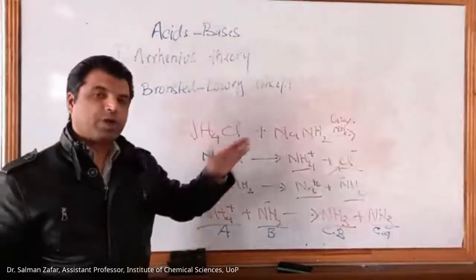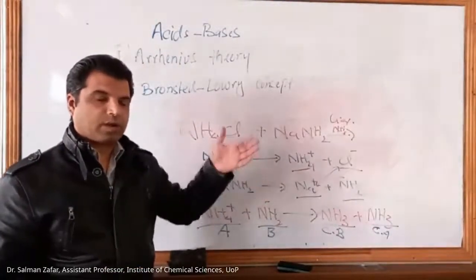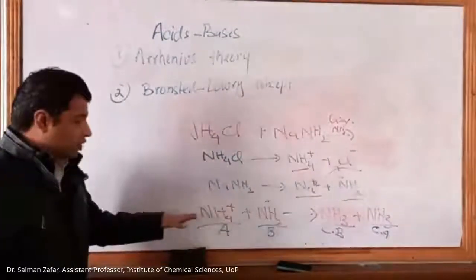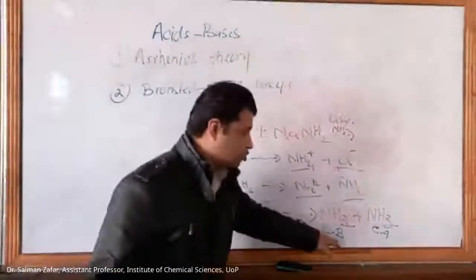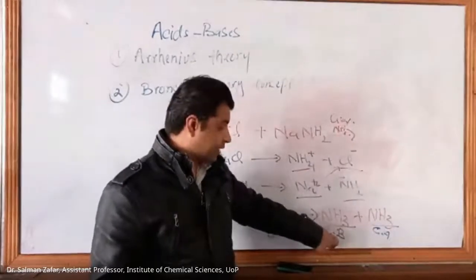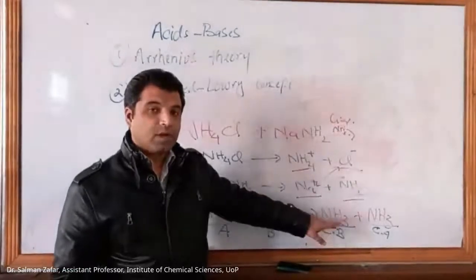So when you compare it with a neutral molecule, it is highly reactive. Comparing with a neutral molecule, this ion is more reactive. So it will happily donate a proton. So it's a strong acid. Its conjugate base is weak. This is a conjugate base, ammonia. Why is it a weak conjugate base?